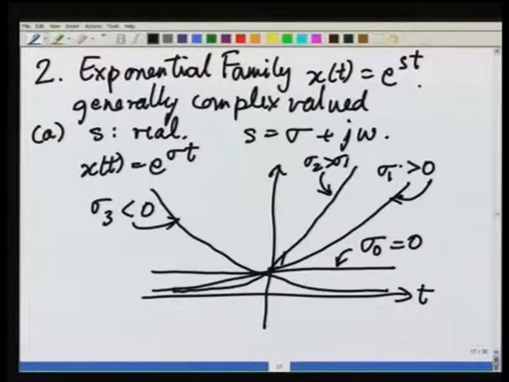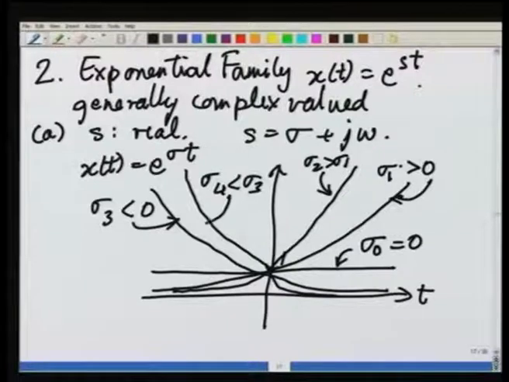Now, if I take sigma 4 less than sigma 3, then you would get a curve that is above sigma 3 for t less than 0, but below it for t greater than 0. You would get it like this. So, this is sigma 4 less than sigma 3.